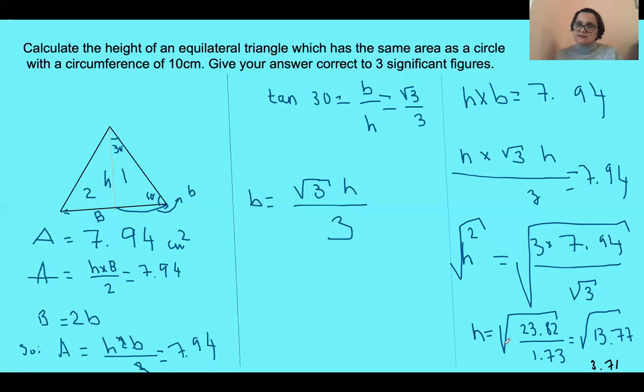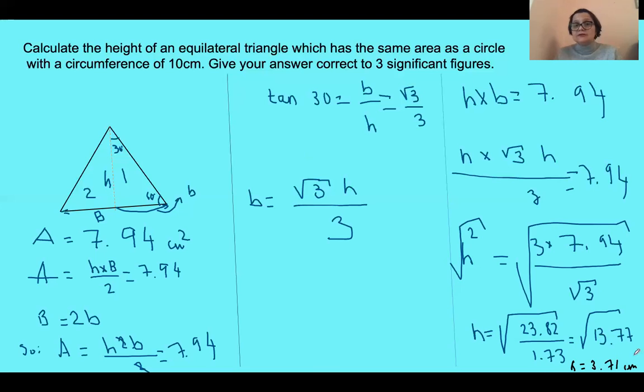And so h is going to be the square root of all these, the multiplication first, and then the square root of 3, before you do the big square root. So the answer of the square root is 13.77. And so the final answer is h equals 3.71 centimeters.